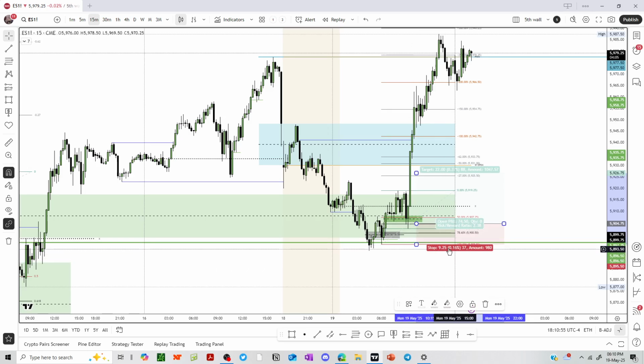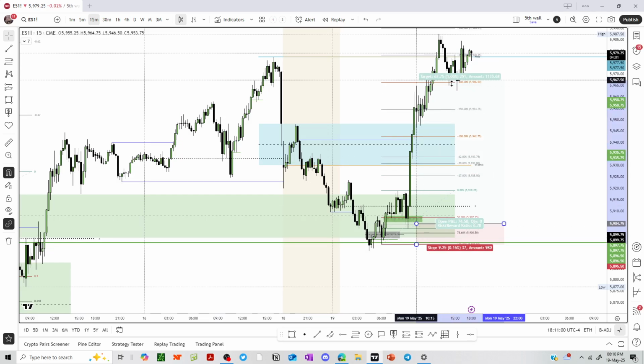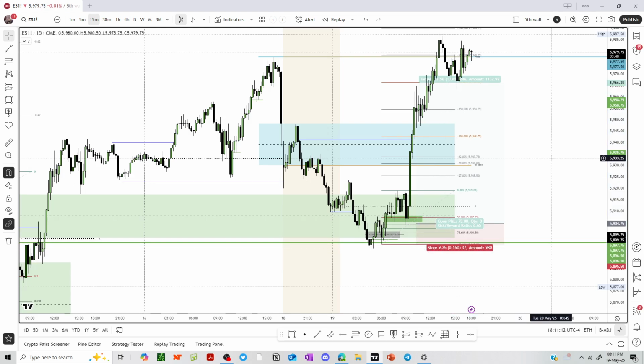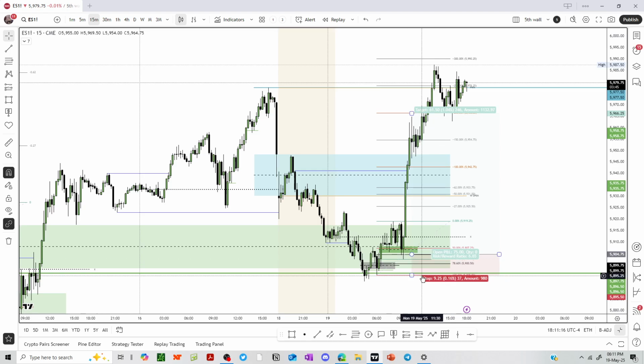Approximately 10 points, 9.25. And 2 standard deviations will get you to right here. And you have about 74 points for a 10 point stop loss, right?